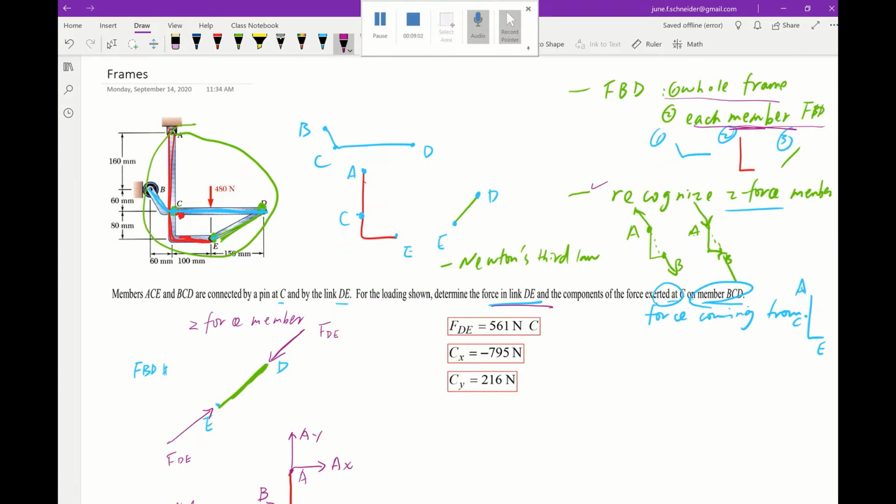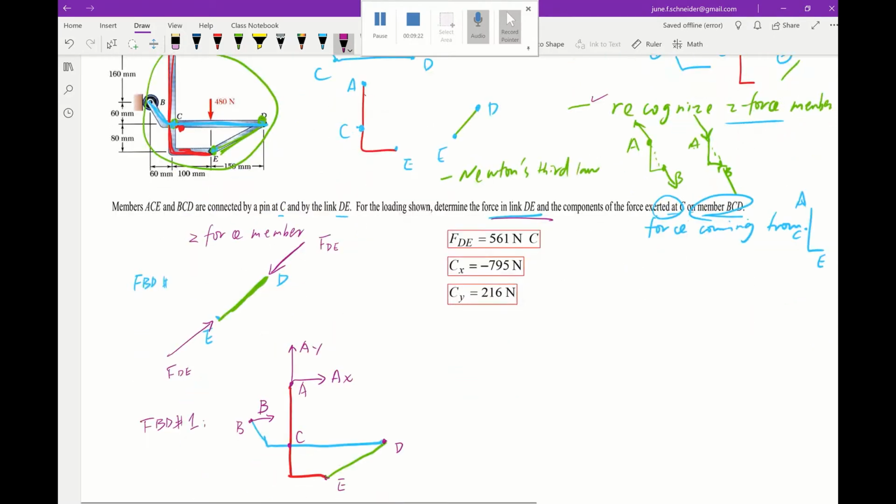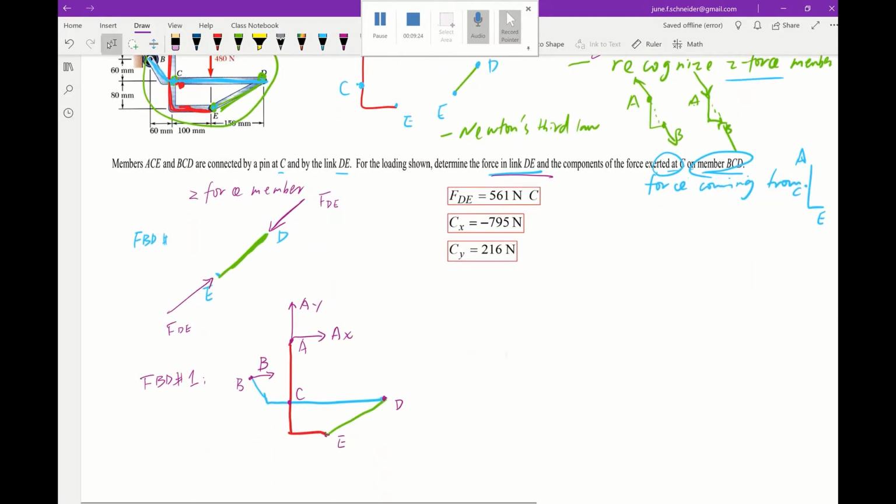Just like a table is supported by the ground, we don't worry about how the tabletop is connected to the legs, right? There are screws, there is wood glue there, but we don't worry about the connection. We just worry about the entire weight of the table and the normal force supported by the ground. So hopefully that helped you understand that concept.